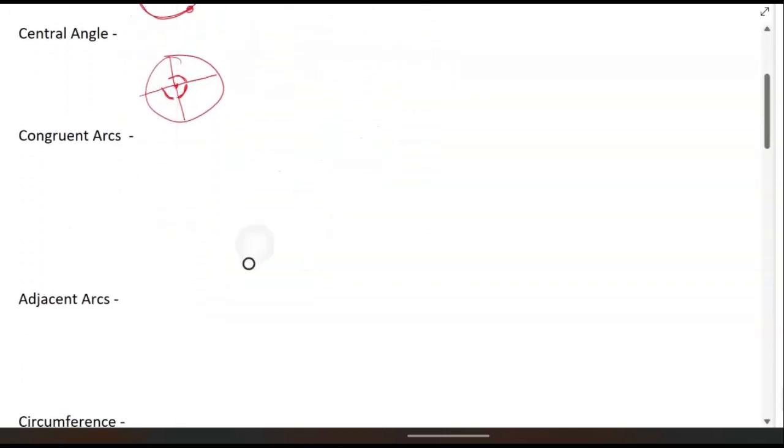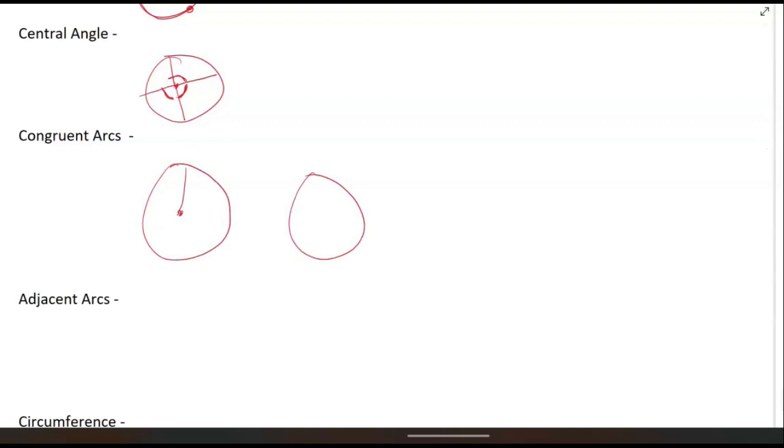Congruent arcs. This should be pretty self-explanatory. So if you have two circles, or even if you have just one circle, and the measure of the arcs are the same, let's say that's 70 degrees, that's 70 degrees.